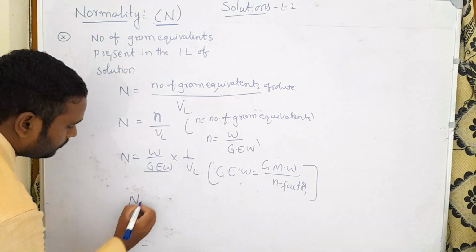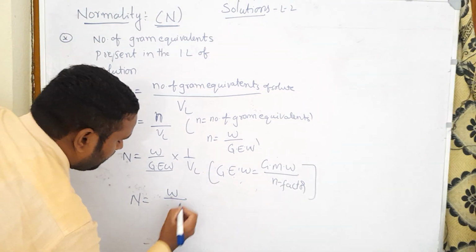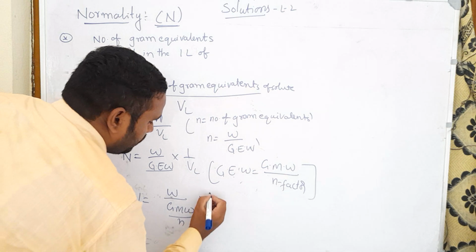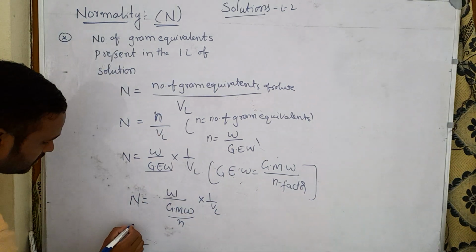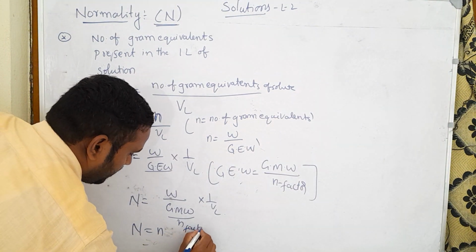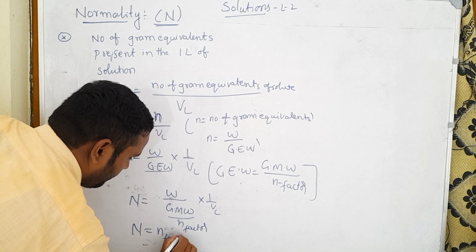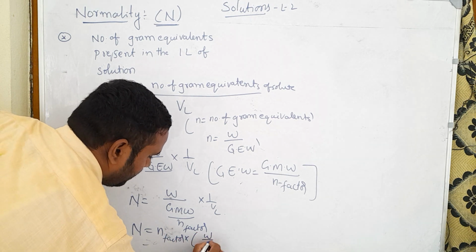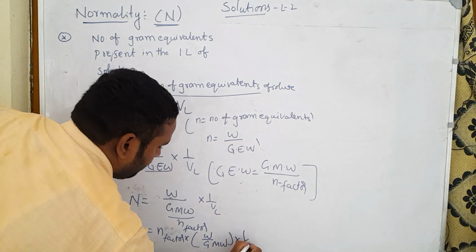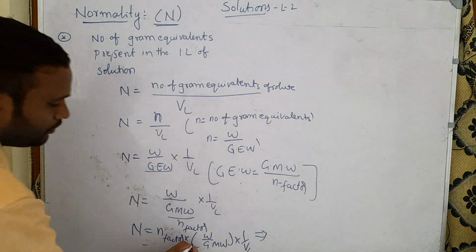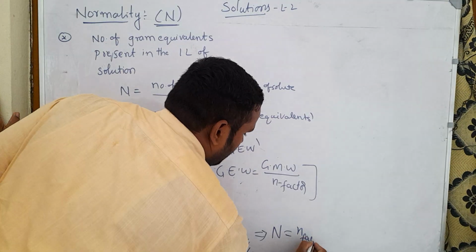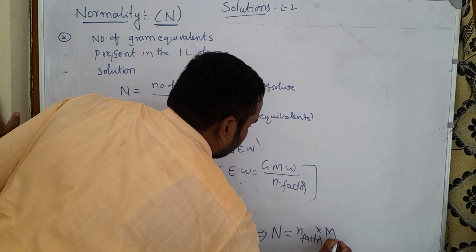So N is equal to weight by gram molecular weight by N factor into 1 by VL, or when you rearrange this equation, N is equal to N factor into weight by gram molecular weight into 1 by VL. Up to here it looks just like the molarity formula. So we can simply say N is equal to N factor into molarity.